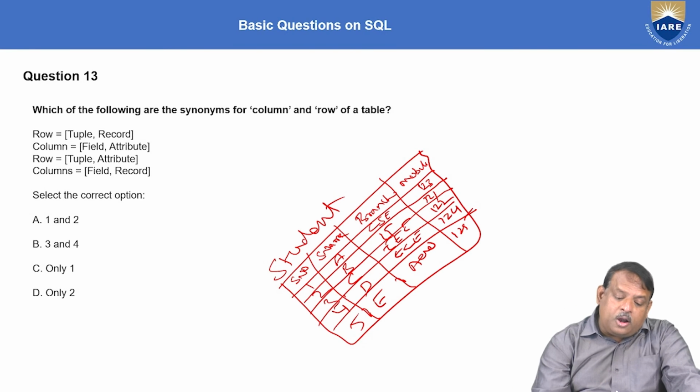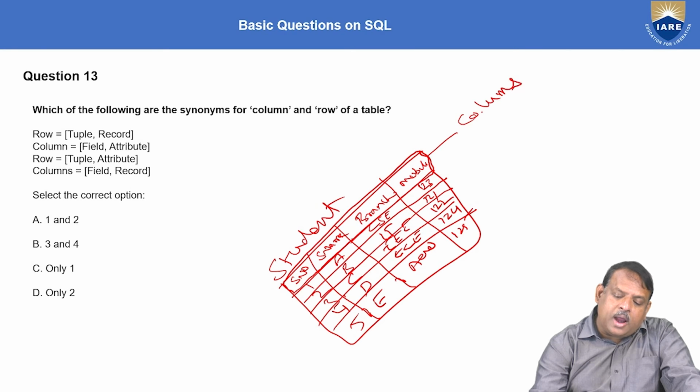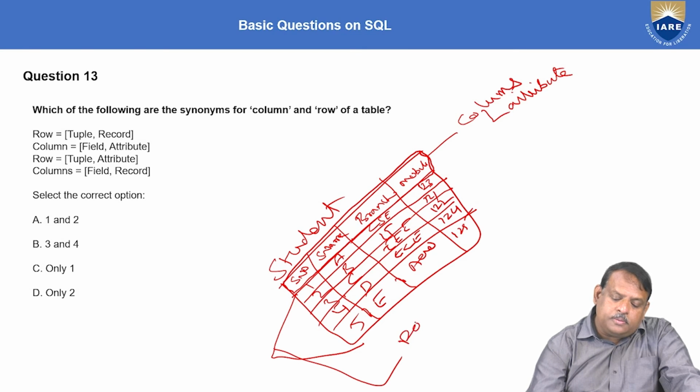Now, what are columns? Student number, name, branch, mobile are all the columns. They are called columns, also known as attributes. Now, what are rows? These rows 1 to 5 are called rows, tuples, or records.